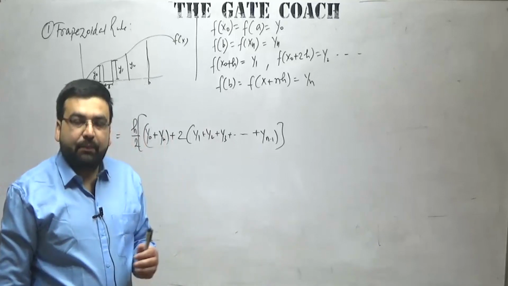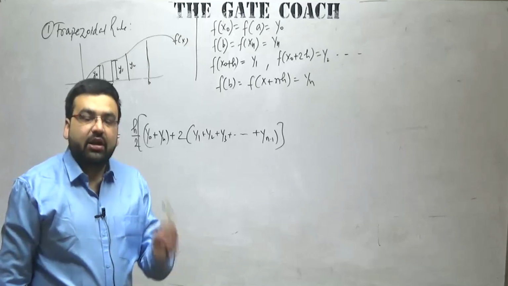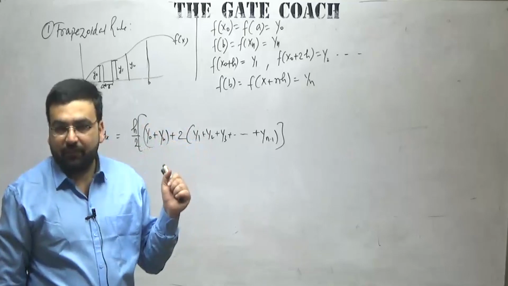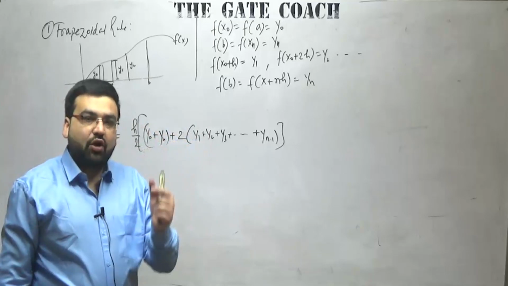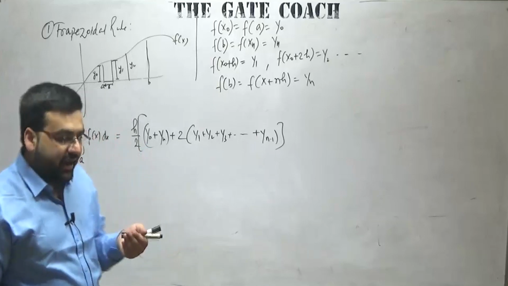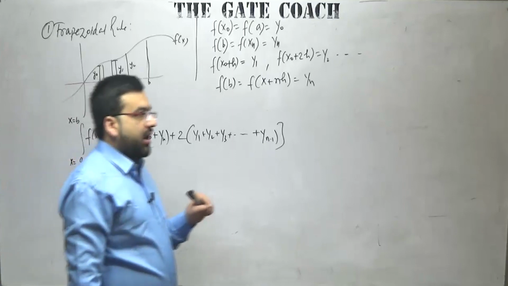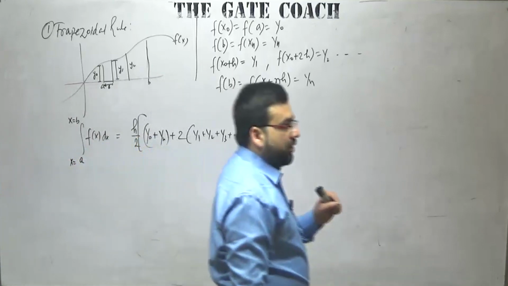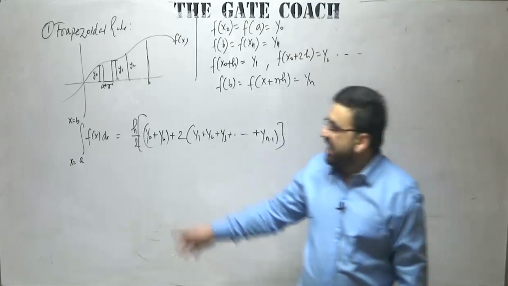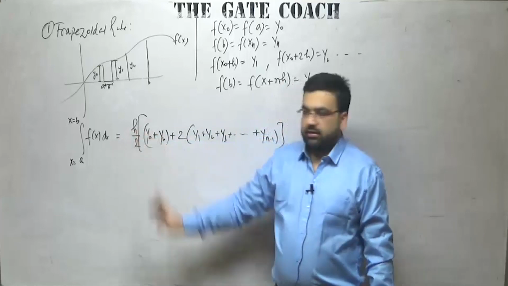Clear? So if you put n equal to, let us say, 11, 12, 13, 14, you will get much more accurate results with the help of the Newton-Cotes formula. But the problem is that the formula will become very complicated. So what we do is that if an interval is not divisible by either 2 or 3 or 6, we do it with the help of the trapezoidal rule, because any interval can be divided by 1.